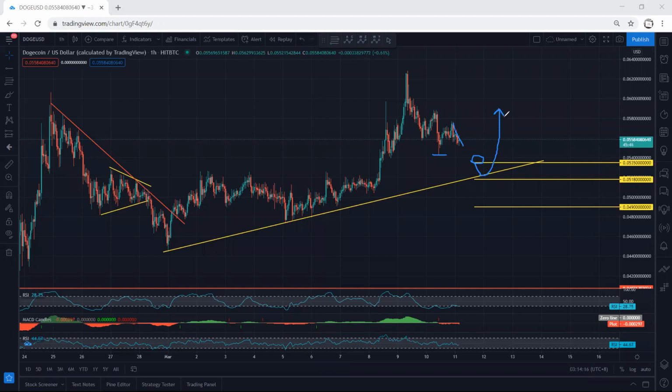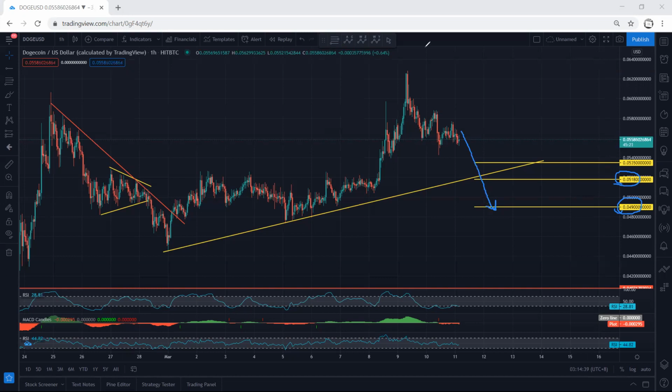But if there is a breakout of the trend line, it depends where we get, and how corrective this will be. If there is a breakout of the trend line, the first thing we need to look for is 0.0518, and the other one is 0.049.